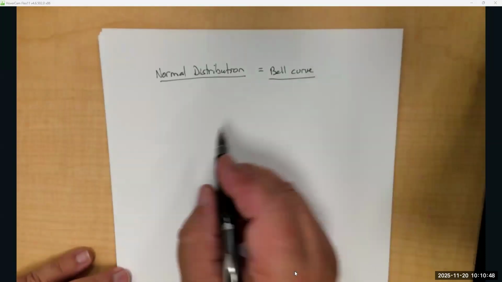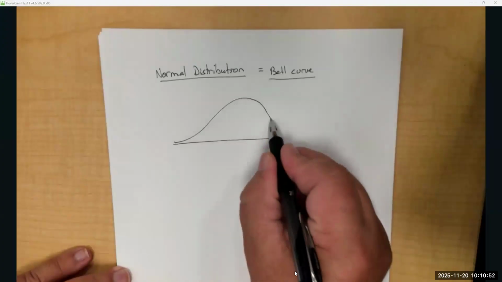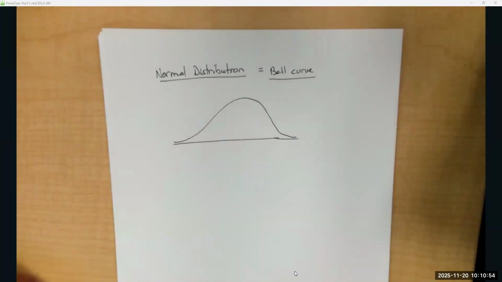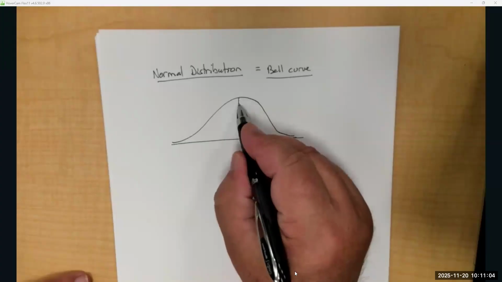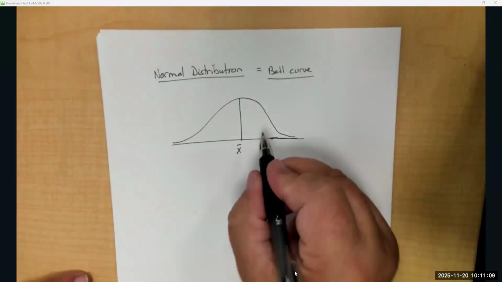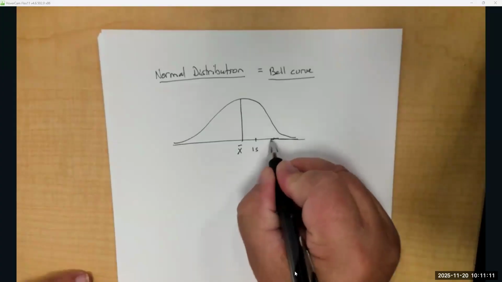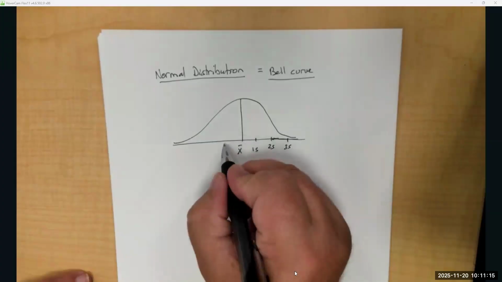Yeah, you can say that. I always thought it looks like a hat, like a Japanese soldier's helmet in World War II. It's supposed to be top dead center. The middle is the mean. And then we have 1, 2, and 3 standard deviations on both sides.